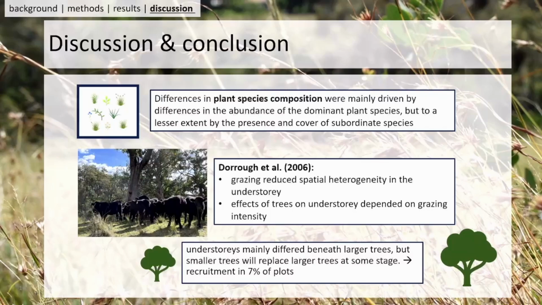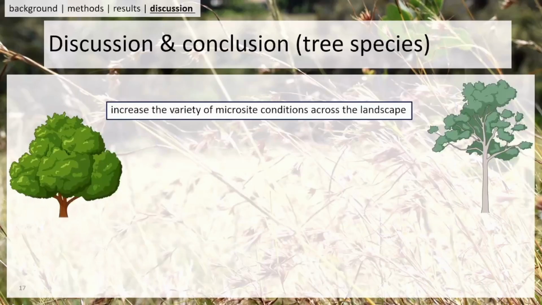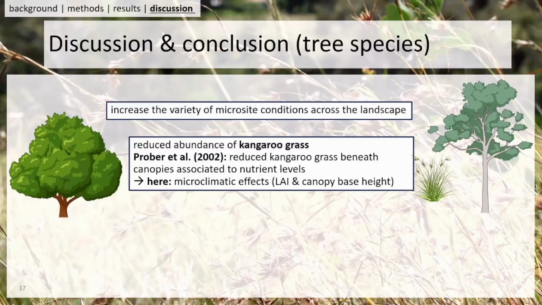I also looked at the recruitment, and I found some recruitment of both tree species, but there was recruitment present in only 7% of all the plots that I surveyed. And as I've mentioned, tree species can be highly relevant. There was a lower abundance of kangaroo grass beneath Angophora trees, but not beneath eucalypts.